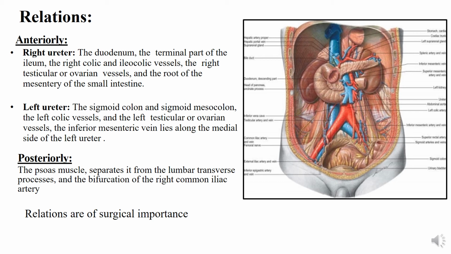If we look into the relation of the ureter to the organs inside the abdominal cavity, we will find that there are some differences between the right ureter and the left ureter.